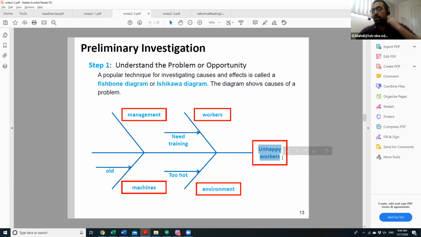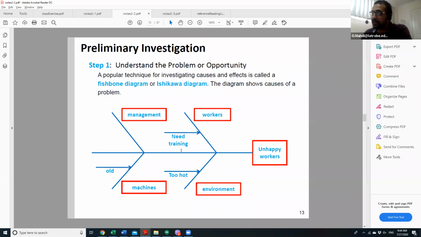From this diagram, you can identify the real problem and the causes as well, not just the problem. This is a popular technique for investigating cause and effect, and most people use it.